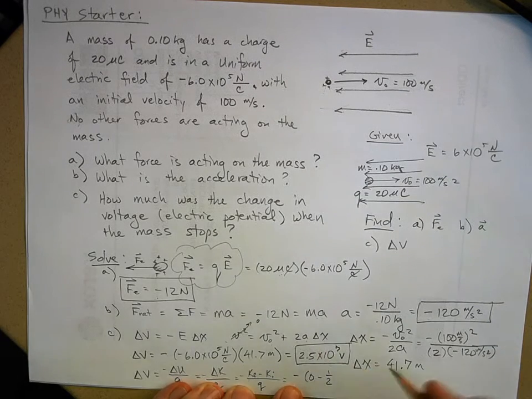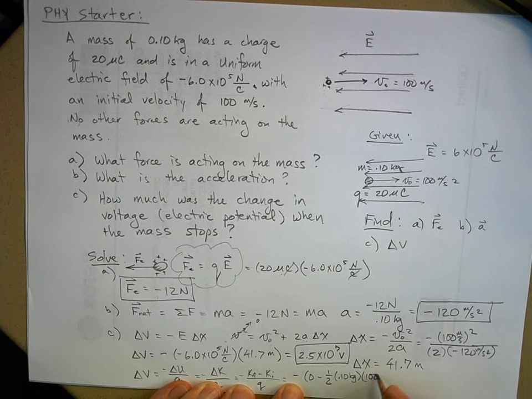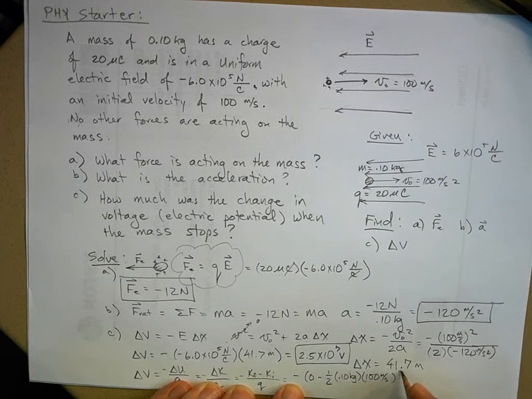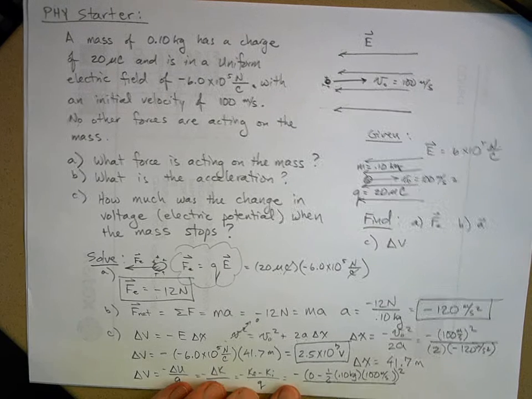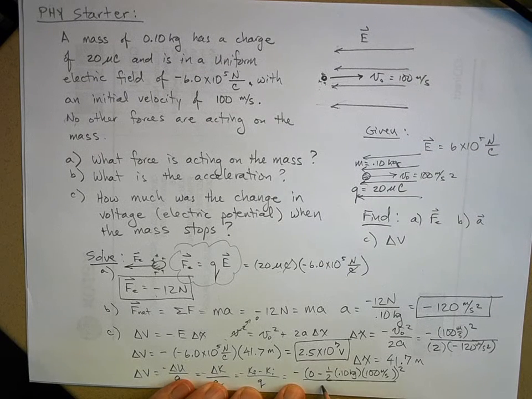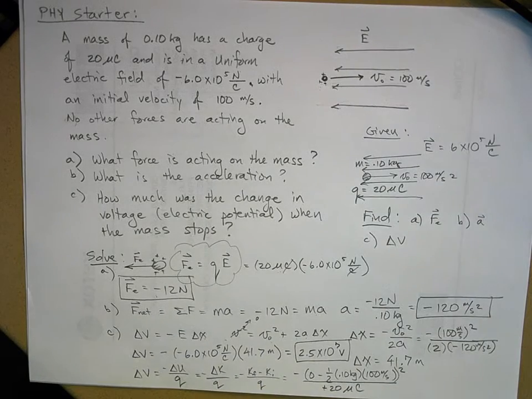What was the mass? And the initial velocity? Okay. And then we're going to divide it by the charge, positive 20 microcoulombs. Okay?